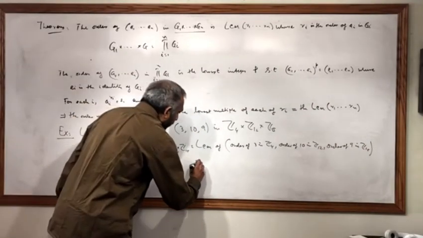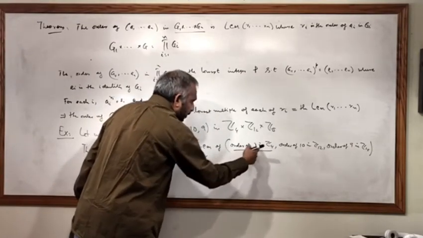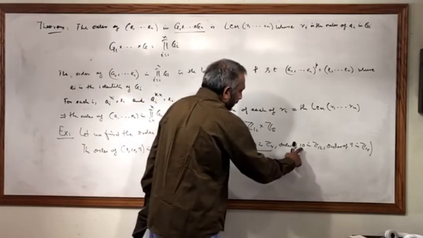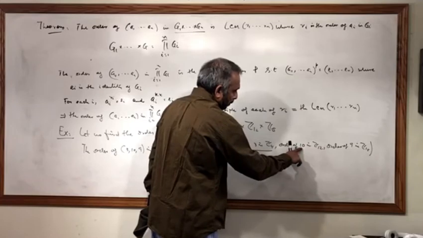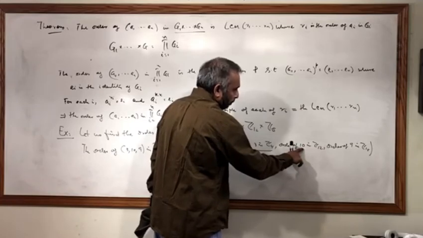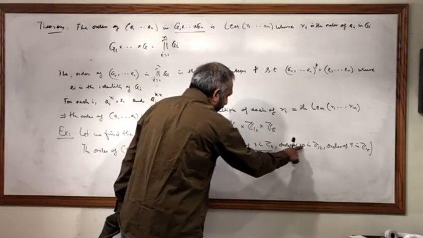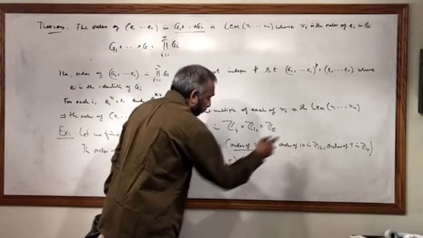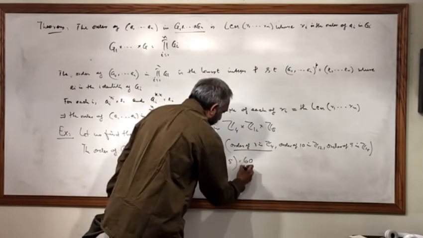And that is equal to, this is actually 4 because 3 is a generator of C4. So 10 to the power of 6 will become 0 in C12. So the order of 10 is 6 and the order of 9 is 5 in C15, and that is equal to 60.